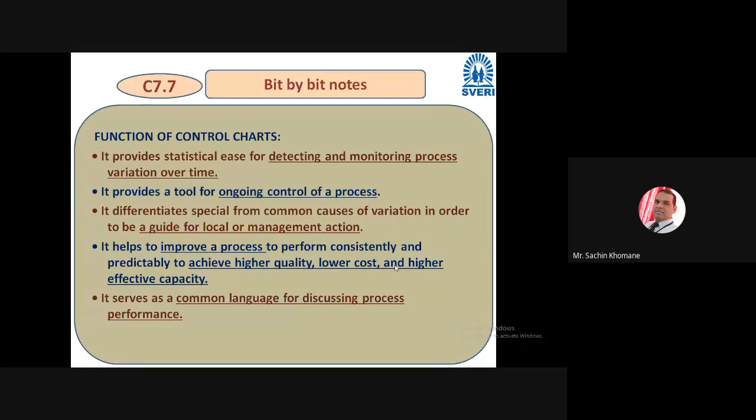They can communicate to each other what the process is and what the effect is over a period of time. You can say the control chart is one language of managers. So people use it for discussion purposes, especially related to controlling things and quality control also.